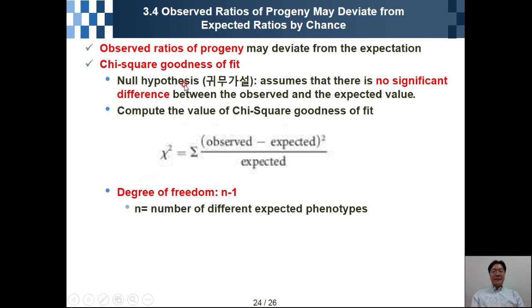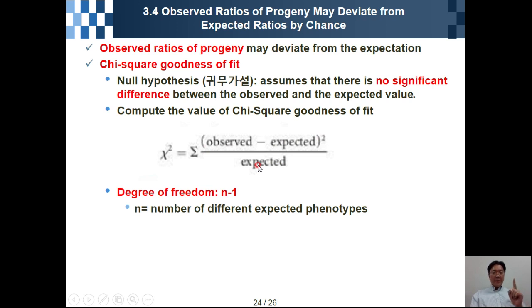In Korean, we call it 귀무가설. The null hypothesis means that we assume there is no significant difference between the observed and expected value. So this is the calculation of chi-square goodness of fit: the observed value minus the expected value, squared, divided by the expected value.